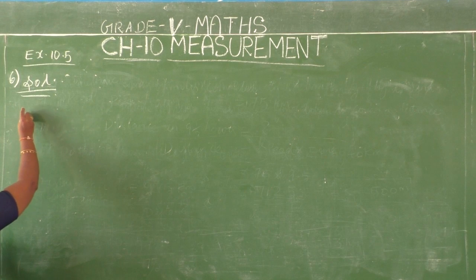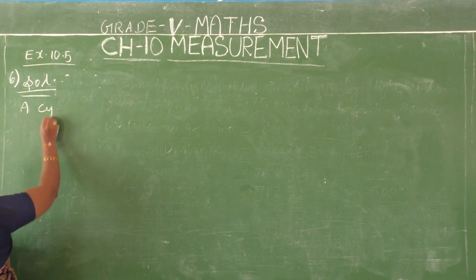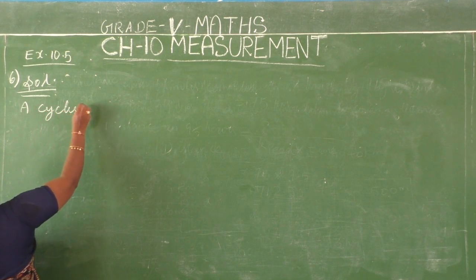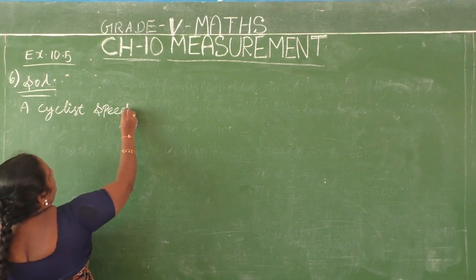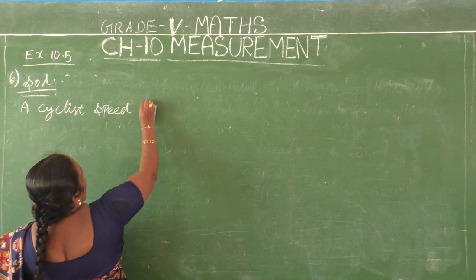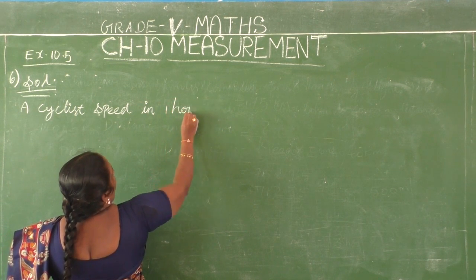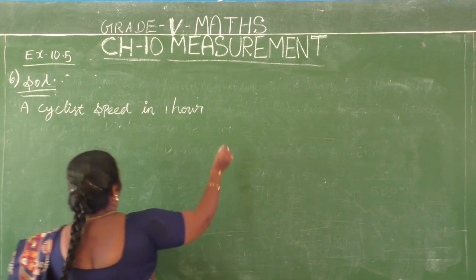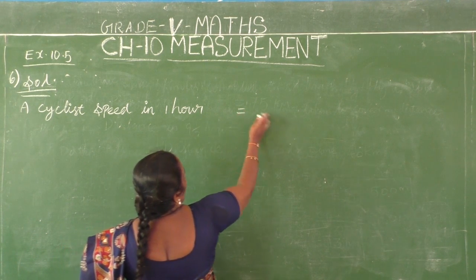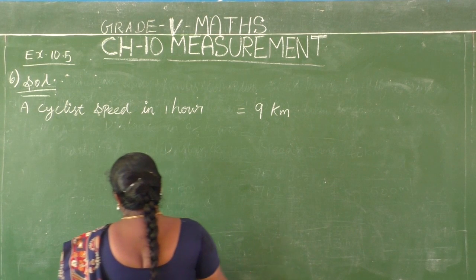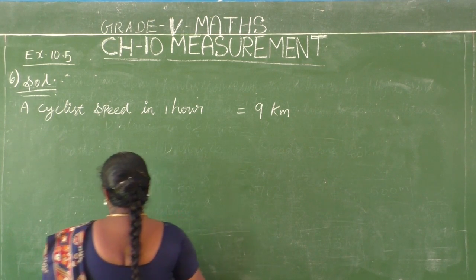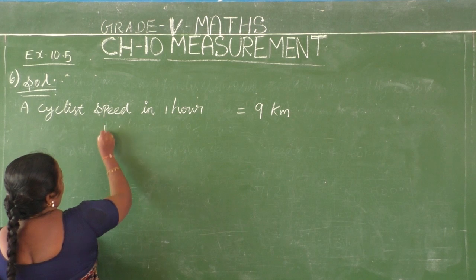A cyclist's speed in 1 hour. What is the speed? 9 km. Here we are going to find the distance in 8 hours.